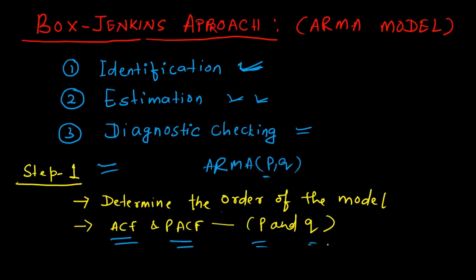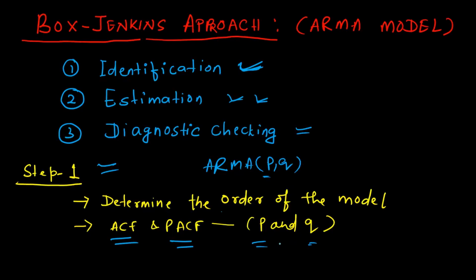In the previous videos, we learned how to determine the P and Q values, the order of the time series models, by looking at the ACF and PACF plots. There are better ways of doing it also. In one of the later videos, we'll see some additional, different ways of determining the optimum or correct P and Q values.